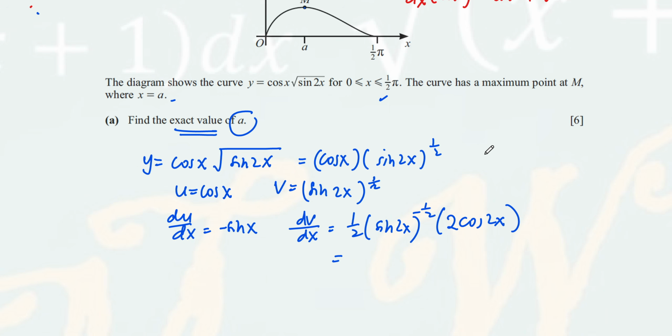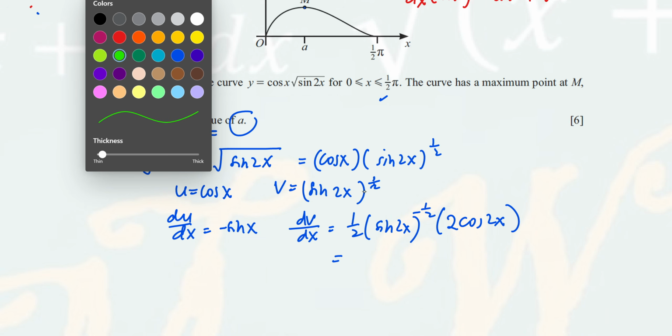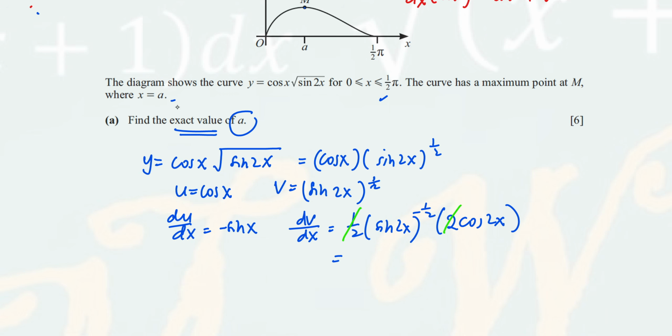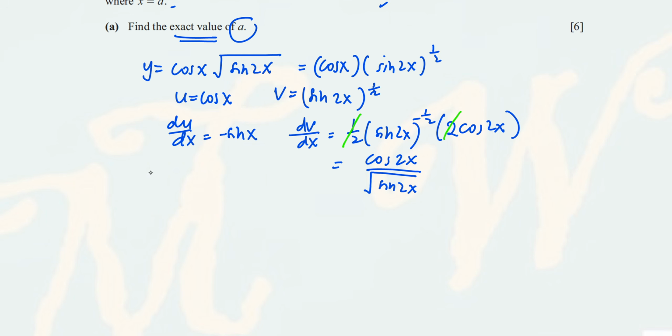Okay, this will be your differentiation. And now here, we need to simplify the half and the 2. So the half and 2 can be cancelled off. And then here I will write cos 2x. The minus power changes to over square root. Alright, this is your dv/dx. And now here we apply the product rule. dy/dx is u dv/dx plus v du/dx.